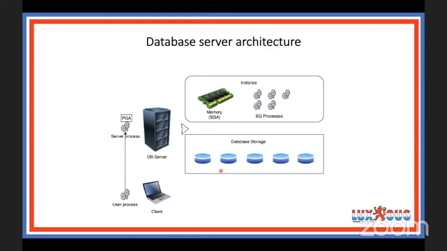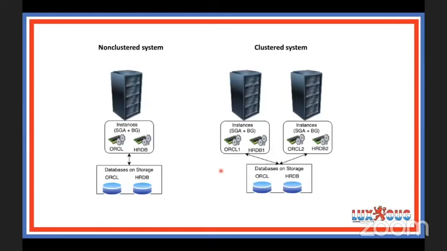So next slide shows us two types of systems. It's not related only to Oracle. Mostly we have such systems in other databases and in other architectures. The first one, simple one from where everyone starts, is non-clustered system, where we have one node which has some sort of storage attached, and database is located on the storage.